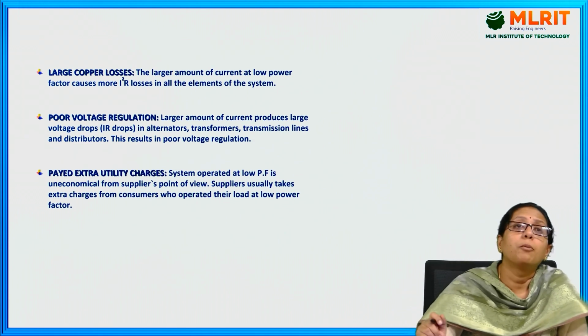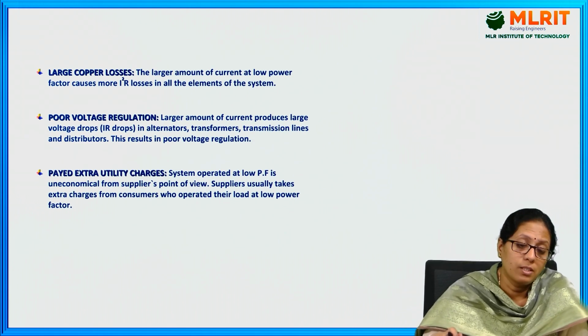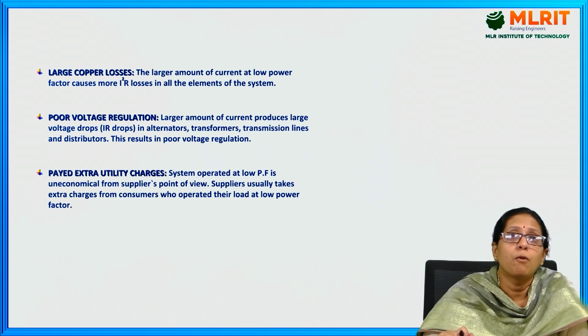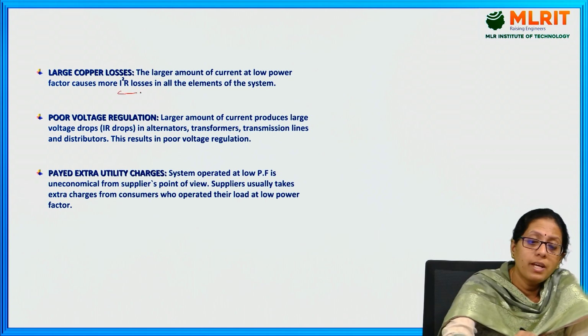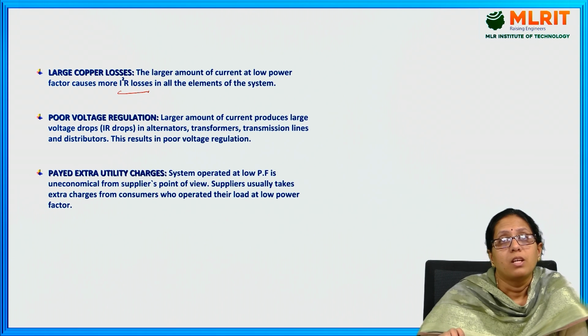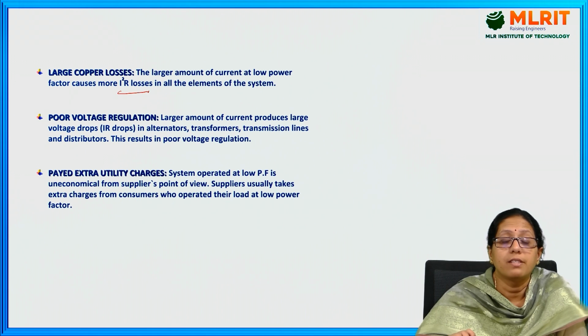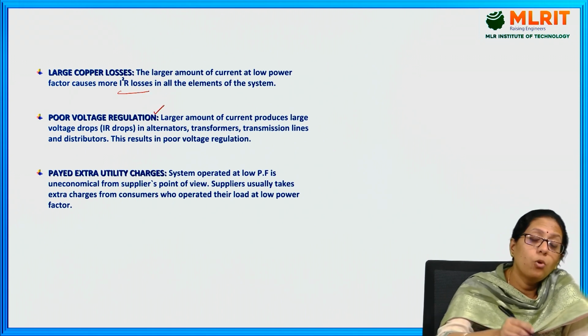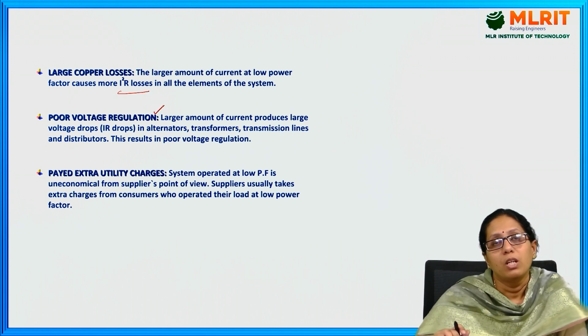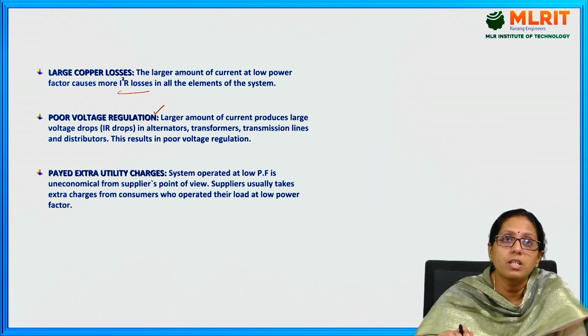The third point is larger copper losses. The larger amount of current at low power factor causes I square R losses. So as the power factor reduces, the I square R losses, the copper losses, also increase. And poor voltage regulation. The larger amount of current produces larger voltage drops.